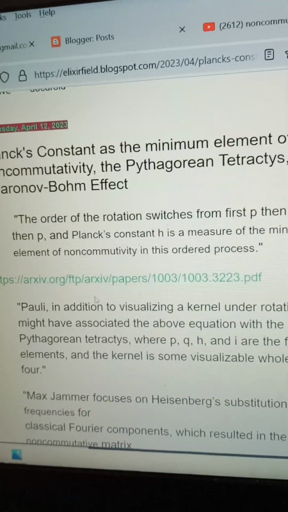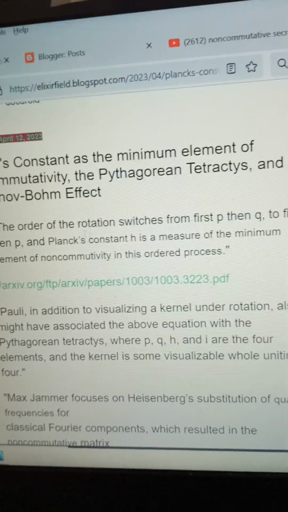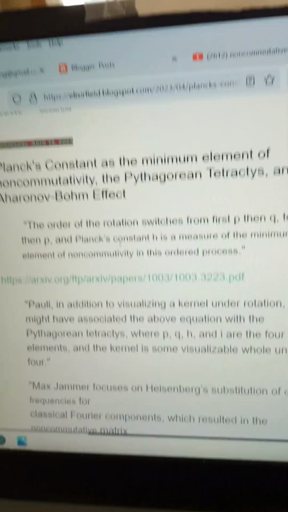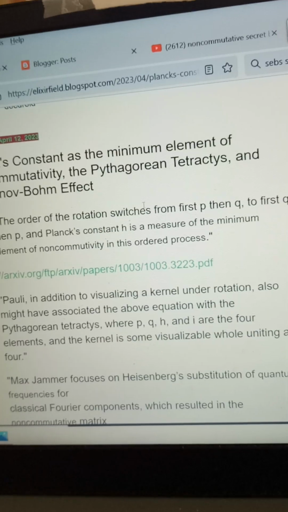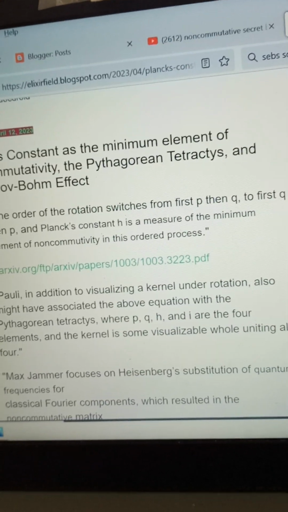So I found this in a PhD thesis that Planck's constant is the minimum element of non-commutativity when you switch between the position and the momentum.